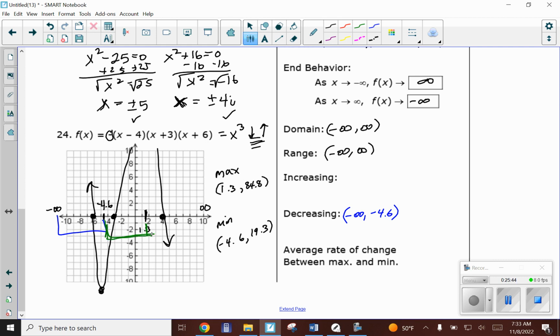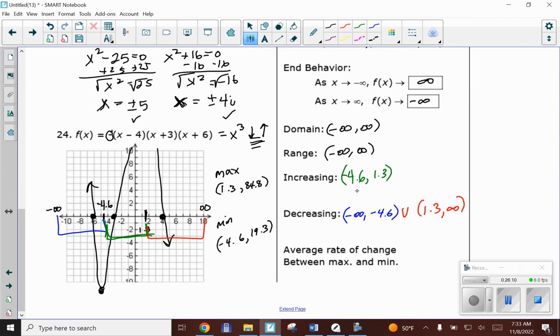So from here to here, the graph goes up. So that's going to be the increasing, negative 4.6 all the way to 1.3. And then finally, change the colors for you. Then from 1.3 all the way to infinity, the graph is heading down. So we're going to put a union and then 1.3 all the way to infinity.